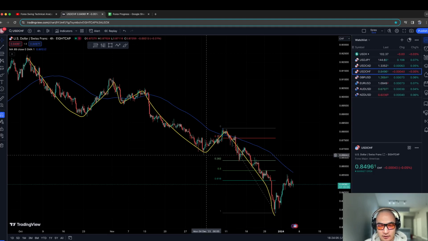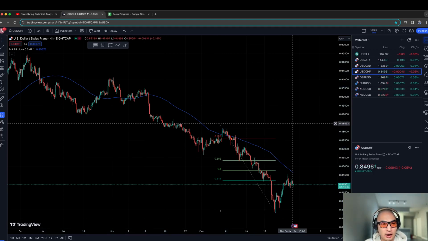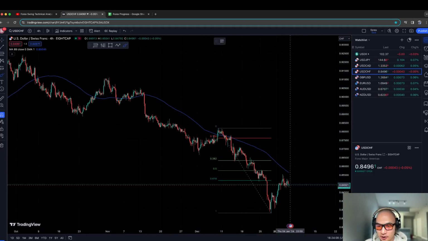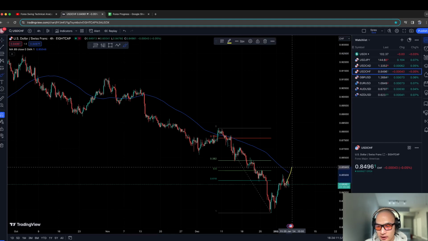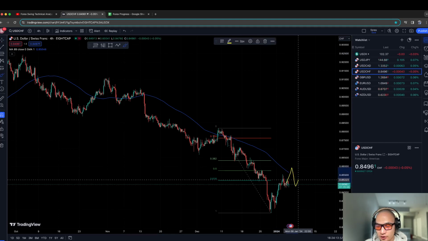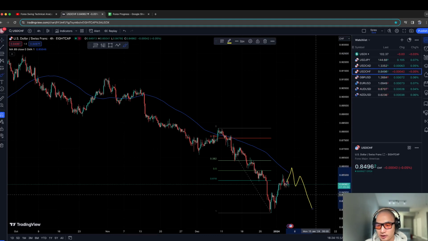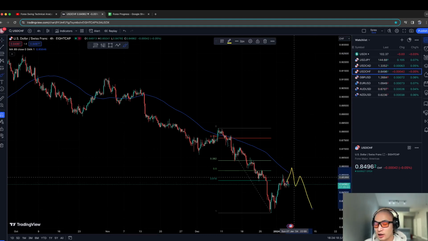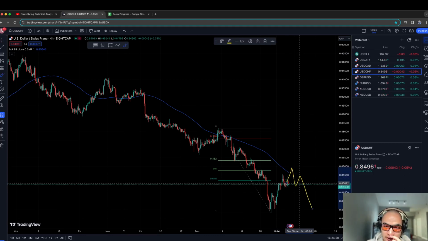So what I'm expecting is that the market will continue to retrace, then at some point it will return to the original trend like this. So when the market returns to the original downtrend in this case, then I will start trading USD Schweizer franc, if it matches with the overall story of the USD index.